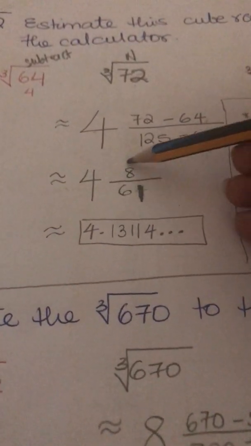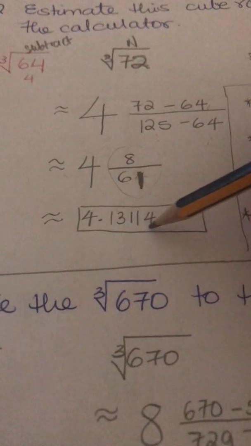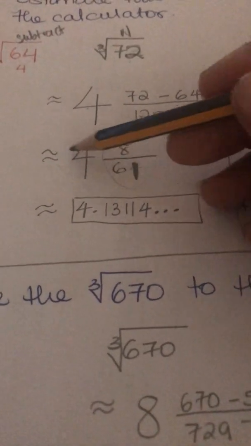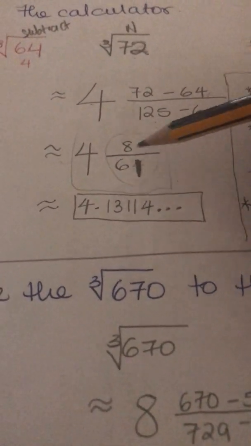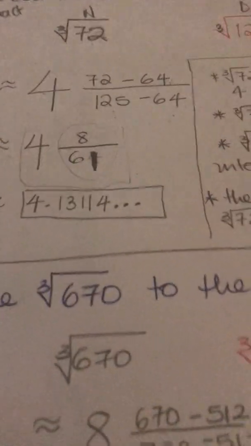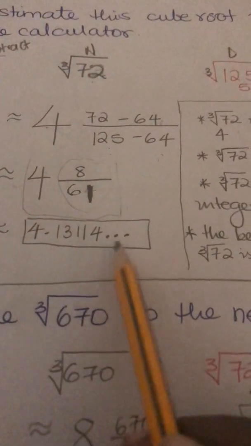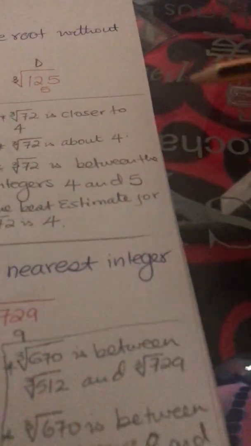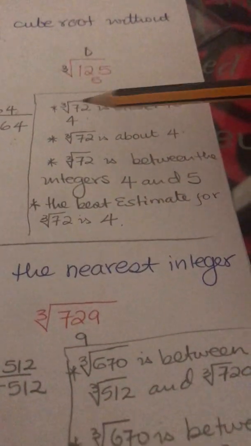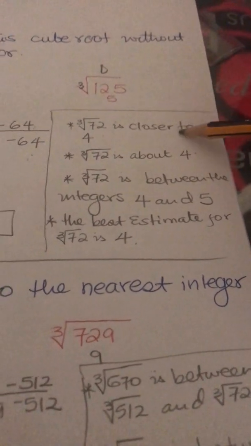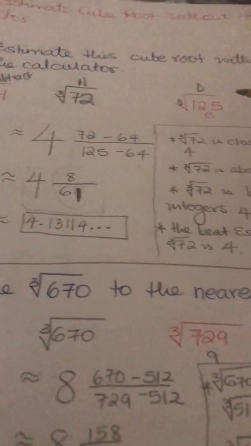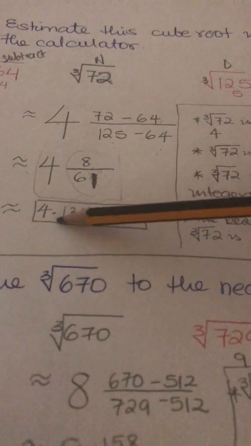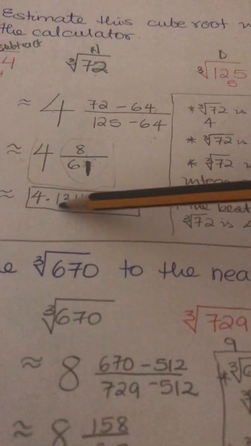If you change this to a decimal, you should get 0.13114. So then this as a decimal is 4.13114 with ellipses because this decimal does not terminate. And then you write your sentences. The cube root of 72 is closer to 4. Okay. See, how do I know this? Because this is 4.1.